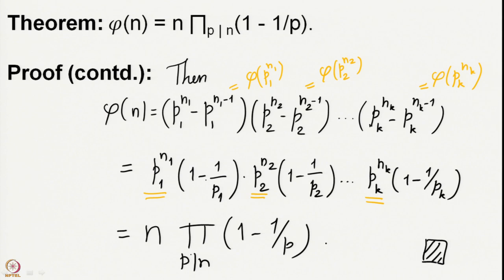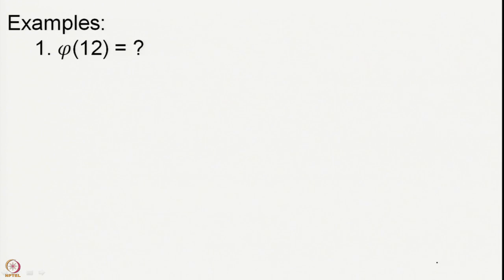It is a very simple proof, but it will help us in computing the phi function for composite numbers, or in general for any natural number n. So, let us see whether we can apply this knowledge and compute the phi values. First of all, 12 can be written as 2 square into 3, 4 into 3, that is our 12.